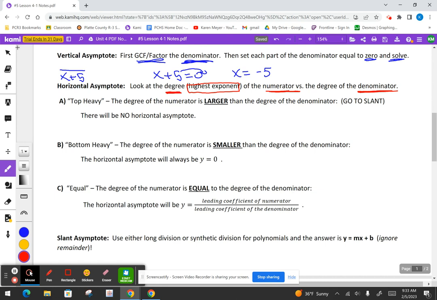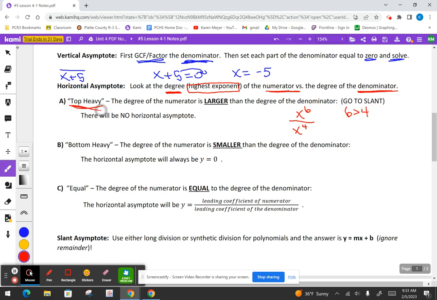If I gave you a problem that looked like x to the 6th over x to the 4th, the exponent on the top is 6, the exponent on the bottom is 4, and 6 is bigger than 4.